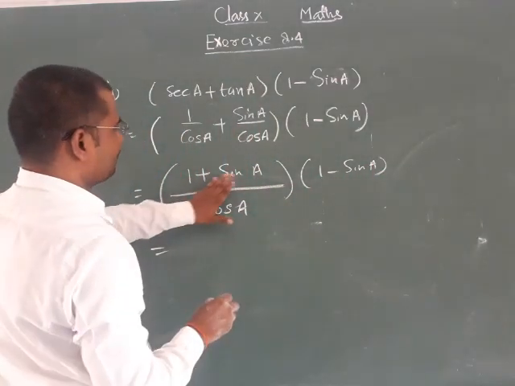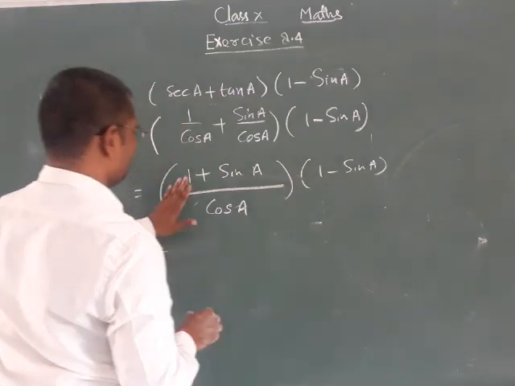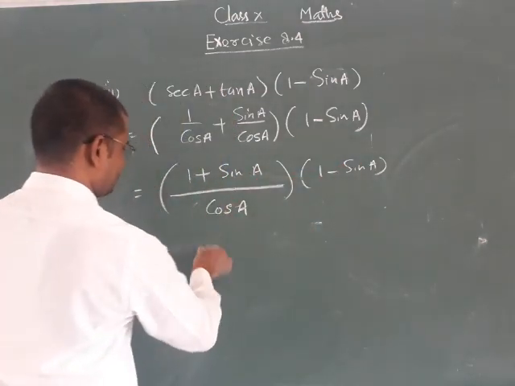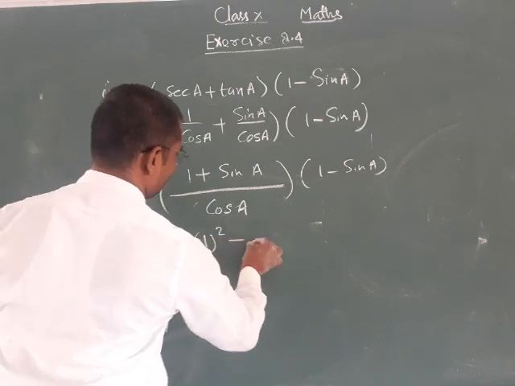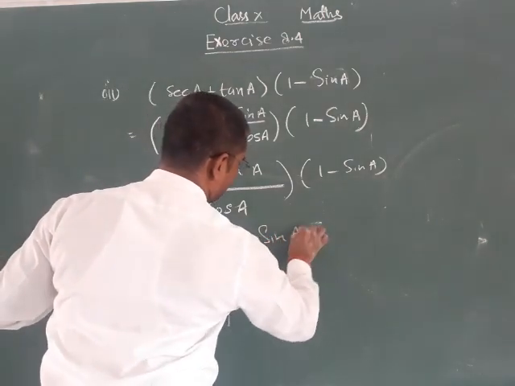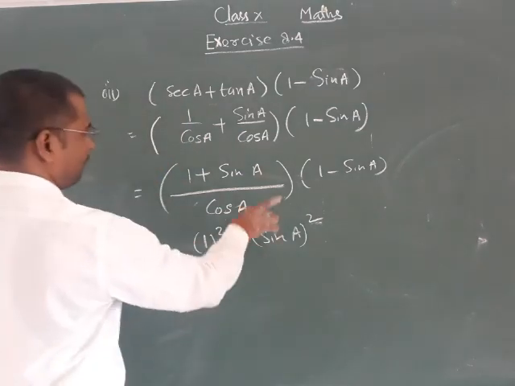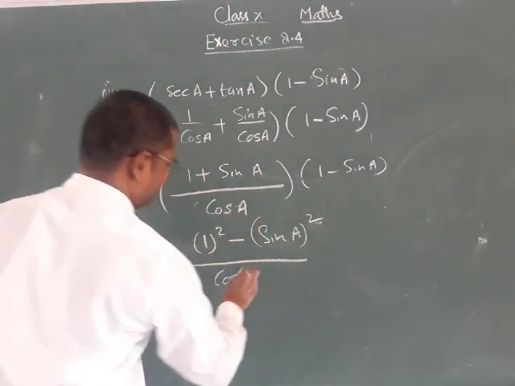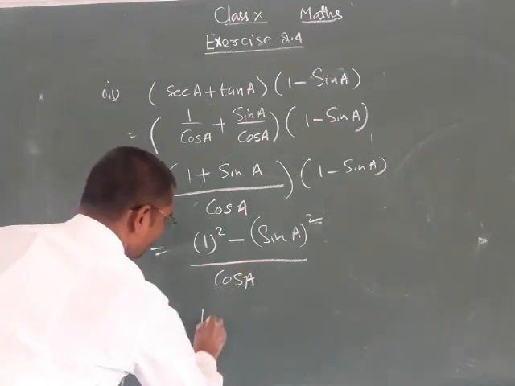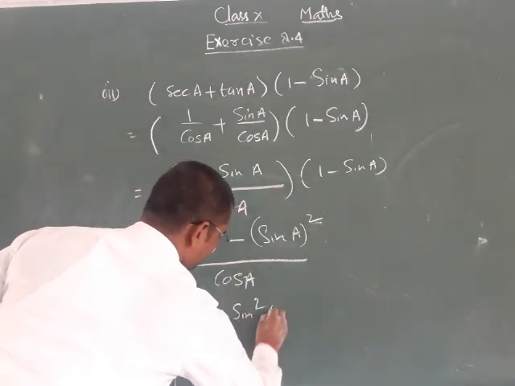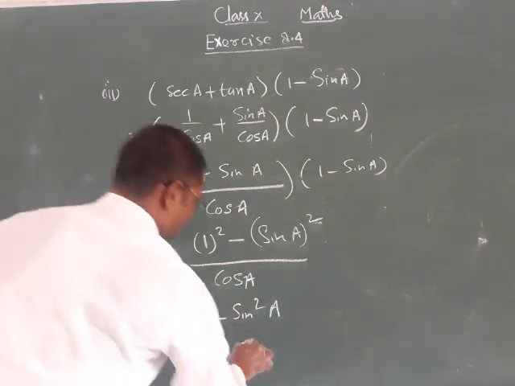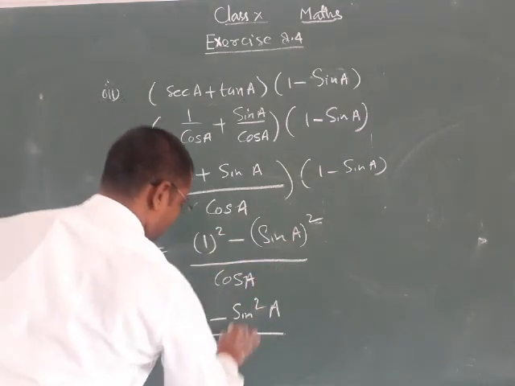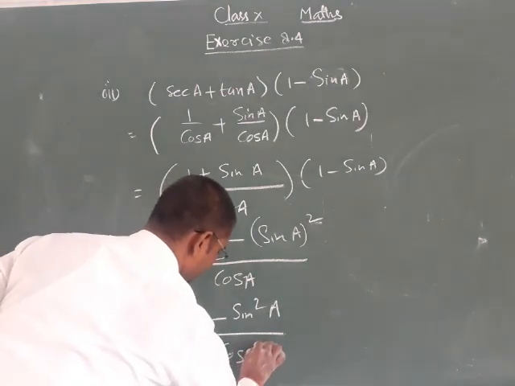So (1 plus sin a)(1 minus sin a), that is (a plus b)(a minus b), so a square minus b square, 1 square minus sin square a upon cos a.